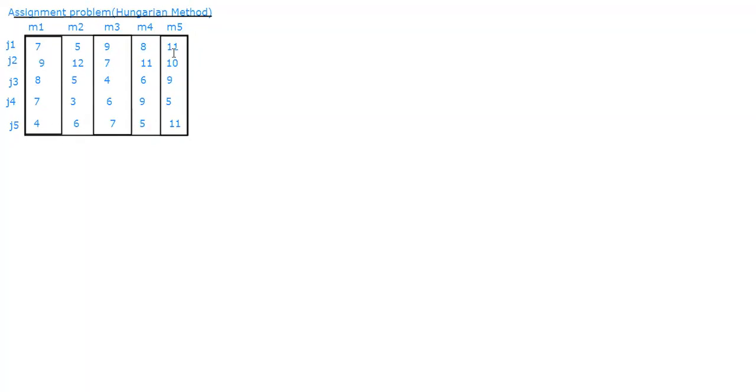So first I consider only the row. In the first row, 7, 5, 9, 8, 11 are there. Which is the minimum? The minimum is 5. So I select 5, and 5 minus 5, and we subtract 5 from all the elements.